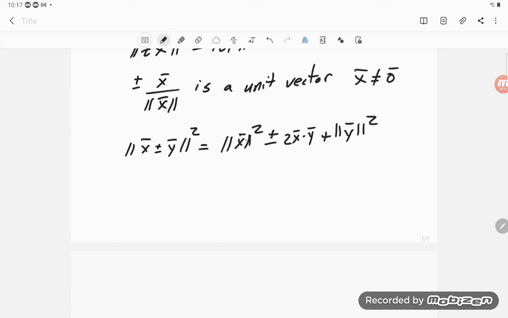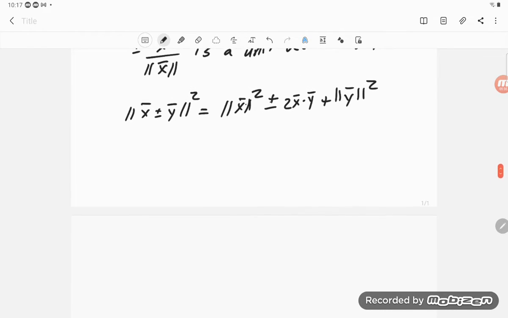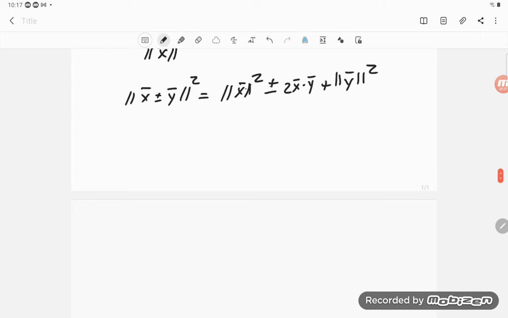Okay, and we already saw that. All you do is you take either x plus y or x minus y and dot it with itself, and there you have it.